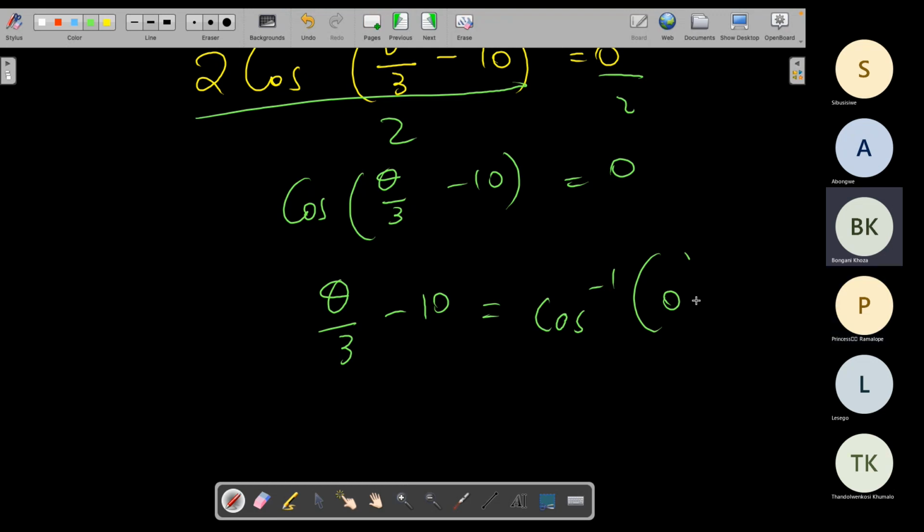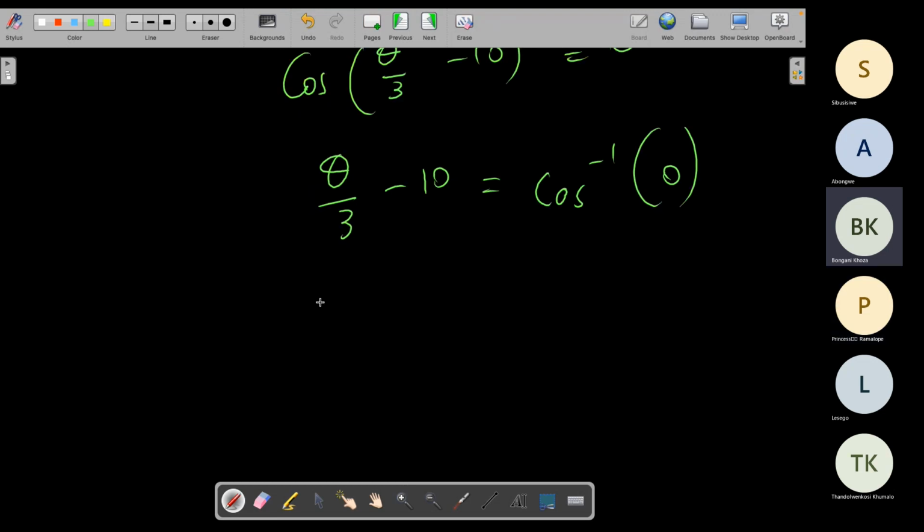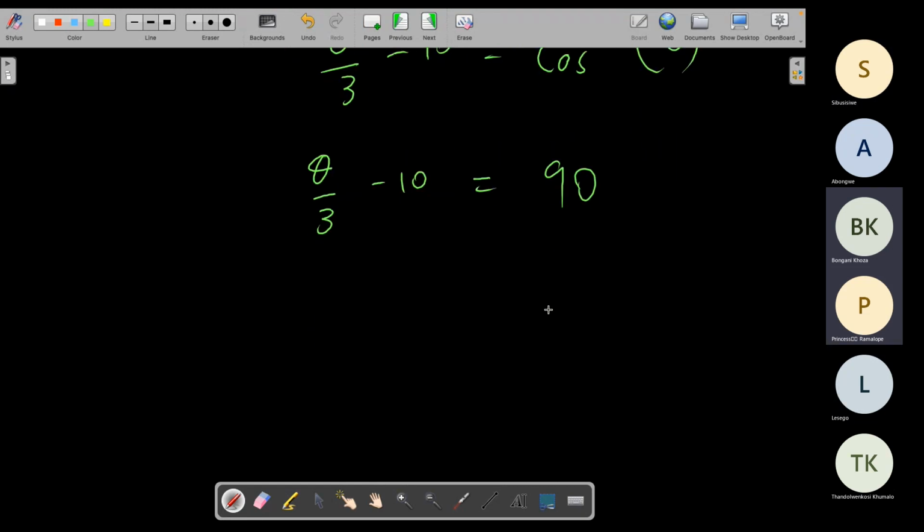Then what do we have? Arc cos 0 is 90. So theta over 3 is equal to 90 plus 10. Theta over 3 is equal to 100.